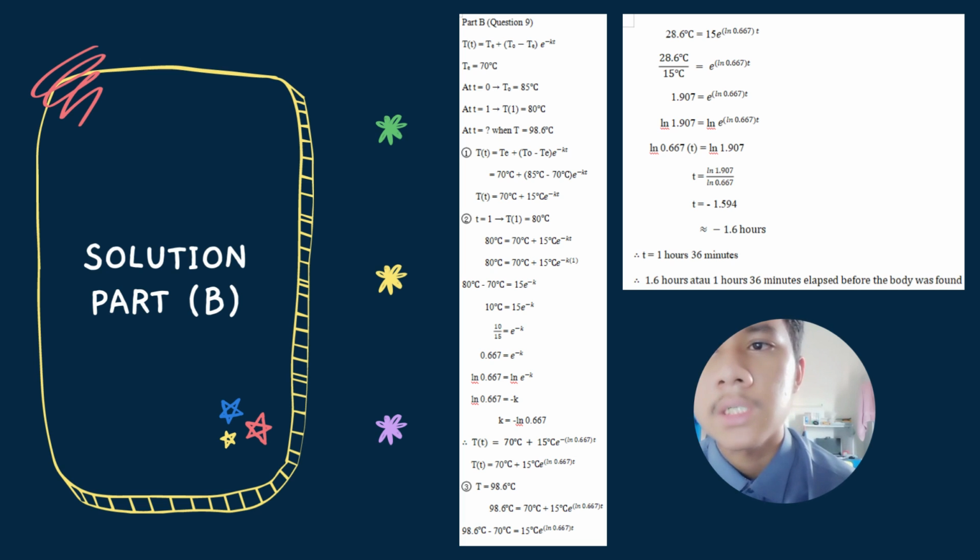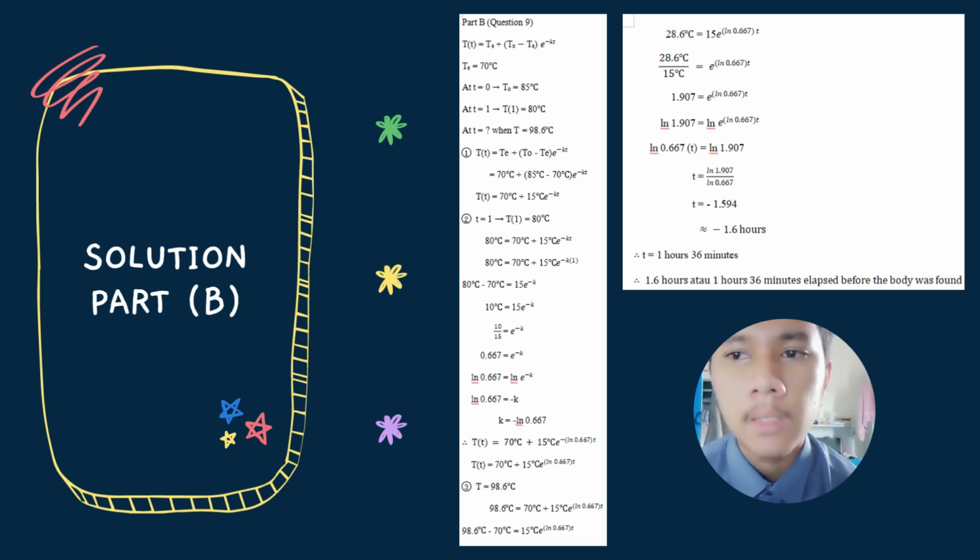So using ln, we can get the answer, which is t equals ln 1.907 per ln 0.667, and the final answer for t is negative 1.594, or we convert it to hours, which means negative 1.6 hours.